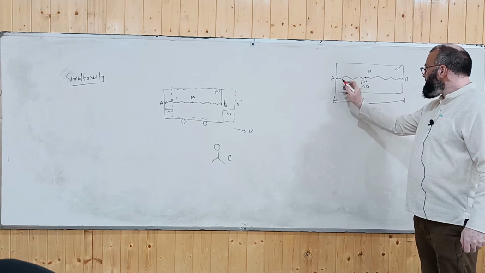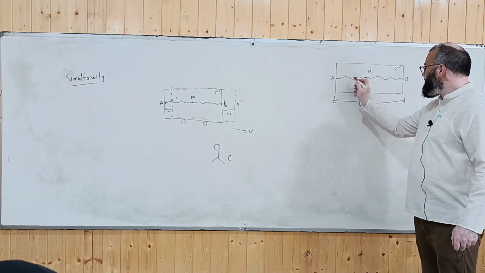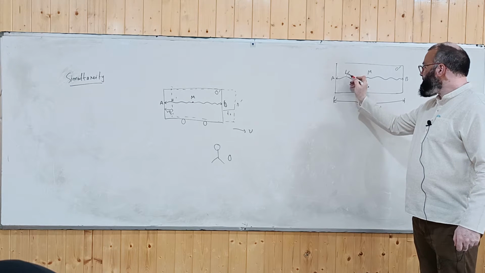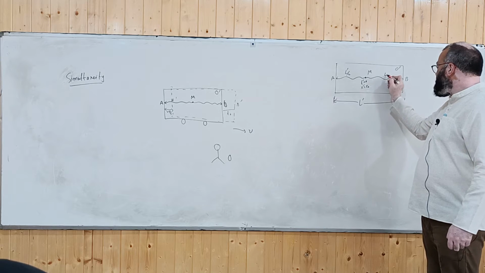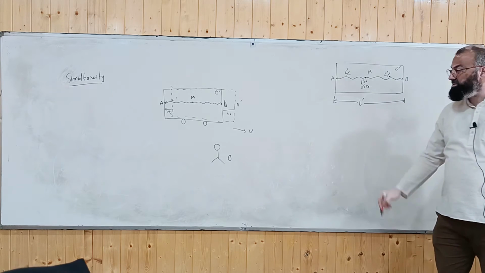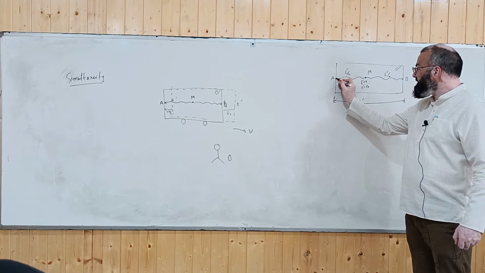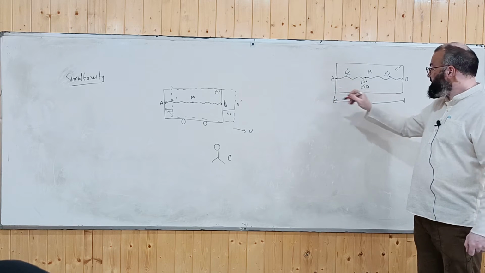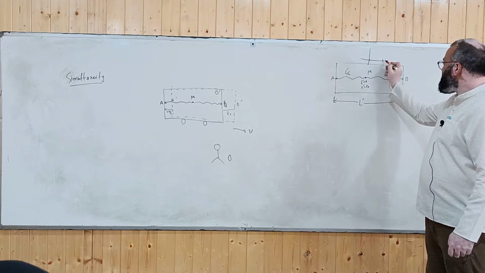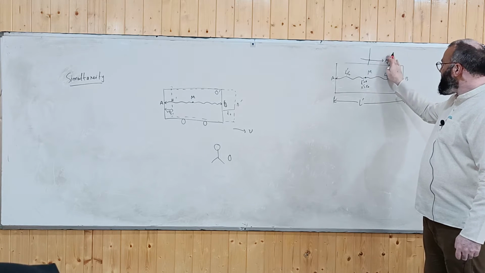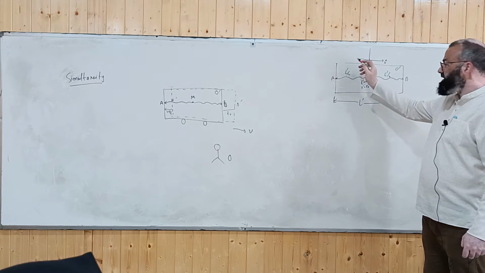Now tell me how much distance this is. This is actually L prime by 2, because this is the midpoint. This also L prime by 2. Now assign the coordinates to these points. Think of this as a coordinate axis, x and t axis, x, and this will be minus x.